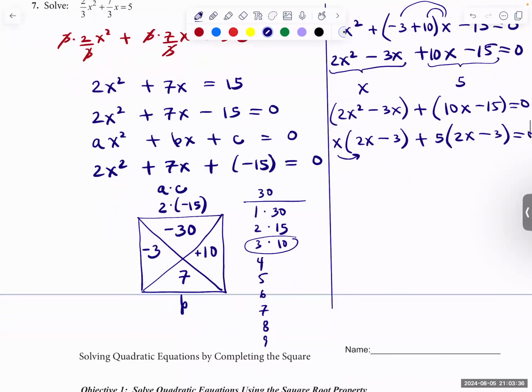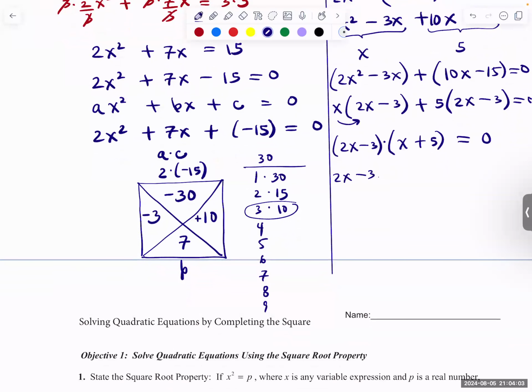And then we have this common binomial, 2x minus 3, so we factor out 2x minus 3 times x, and then 2x minus 3 multiplies positive 5, that equals 0. Or you can go back and just factor using trial and error, and then check it by multiplying things out.